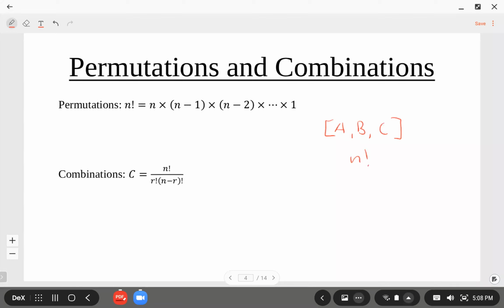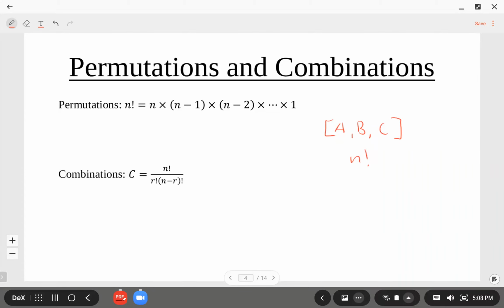N factorial will be n times n minus 1 times n minus 2, and it goes on until 1. And what is n? N right here is going to be 3, and n denotes the number of objects in our set.